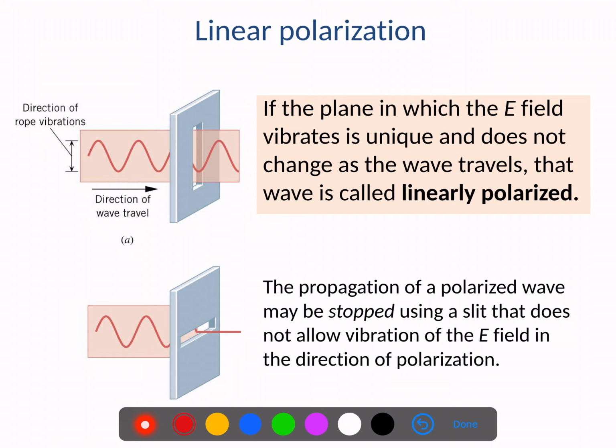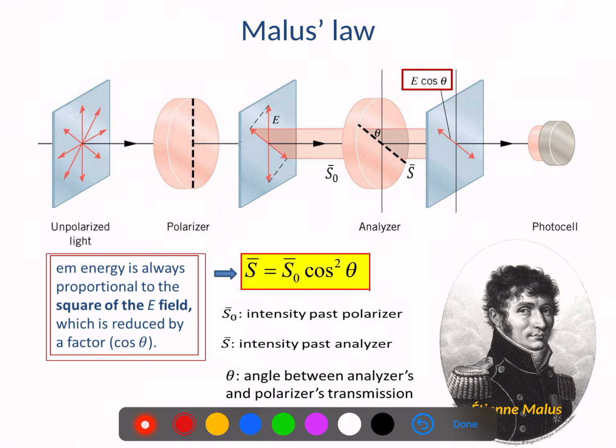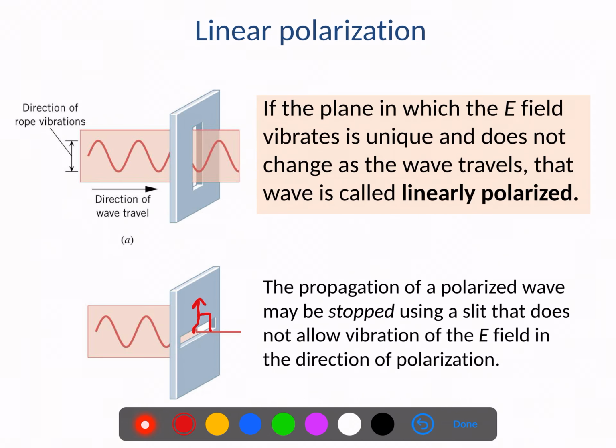It's really only if you have the transmission axis directly perpendicular to the direction of the electric field vector that then this could no longer get through. Because now you can think of it this way, that there's really no component of the electric field in this direction if it's pointing perpendicular.